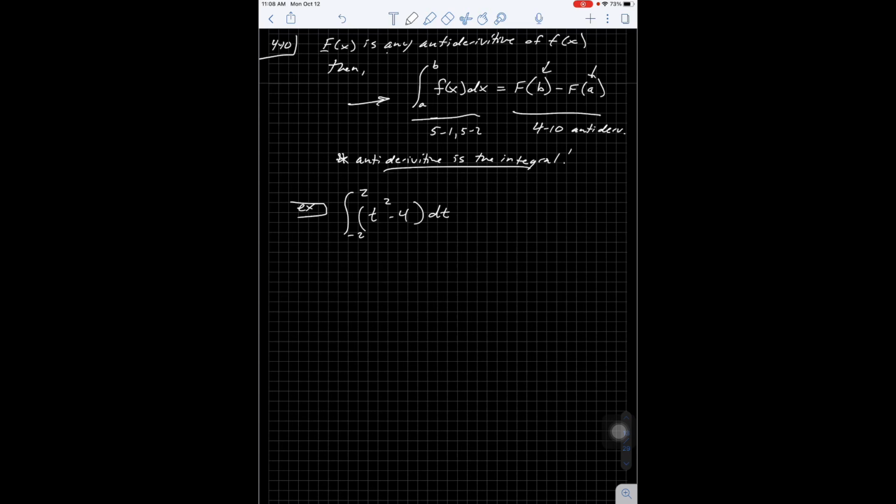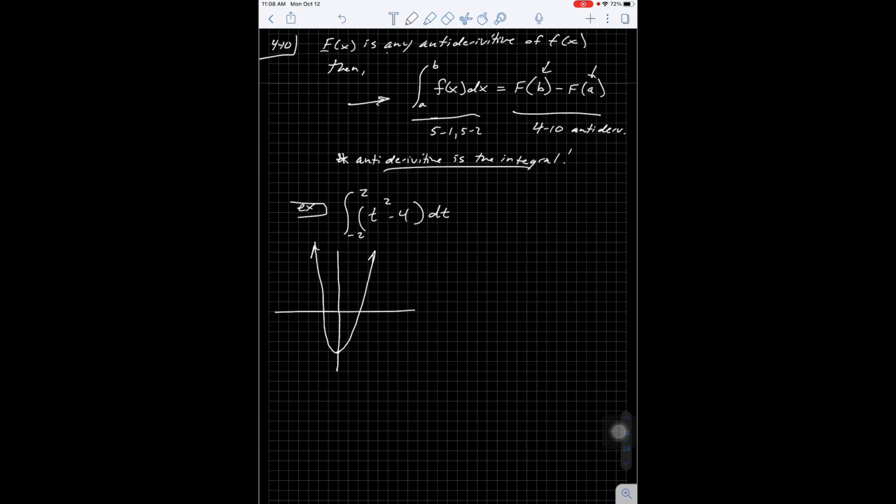Okay. So here's a function. What this is saying is find the area under this curve between -2 and 2. I'm going to draw you a picture just for fun because I think that sometimes helps to connect, but you don't have to draw the picture. Just want to show you this is a parabola that is shifted down 4 if you remember your pre-calculus.